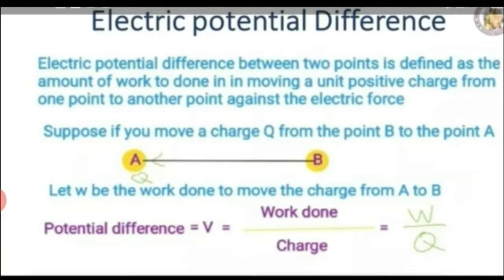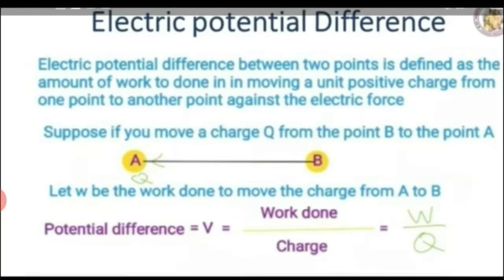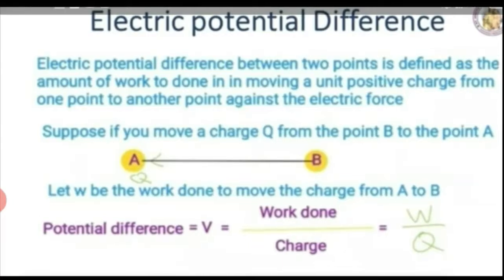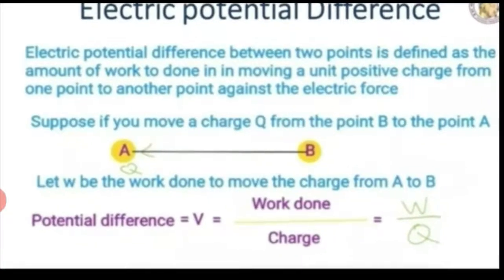For potential difference, it is denoted by the symbol V. So, potential difference V is equal to work done divided by charge Q. Work done is denoted by the symbol W, and charge by Q. So, V equals W by Q.